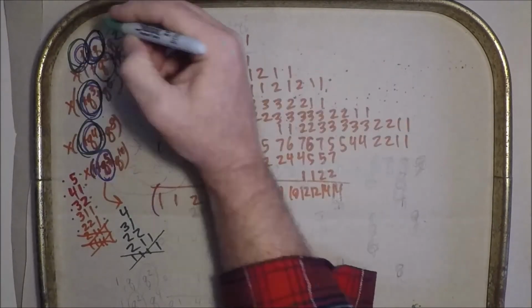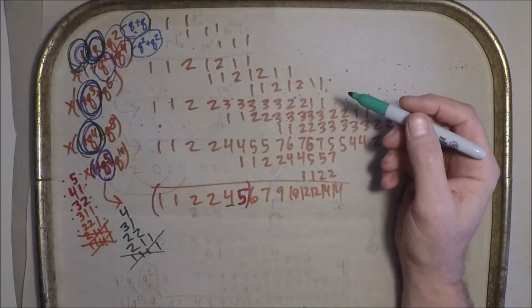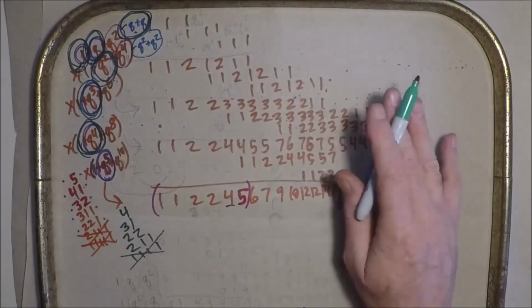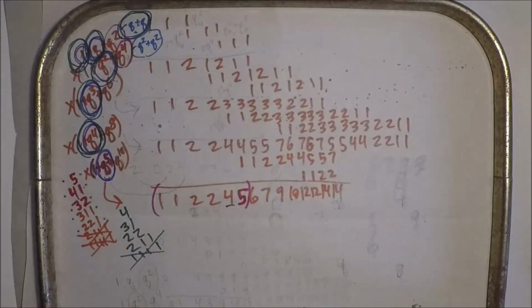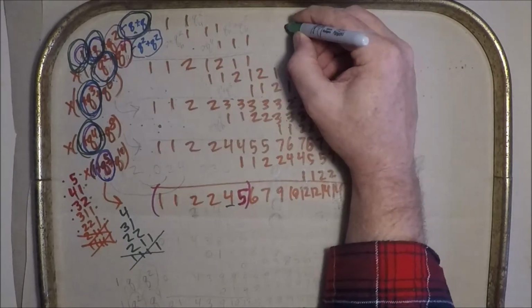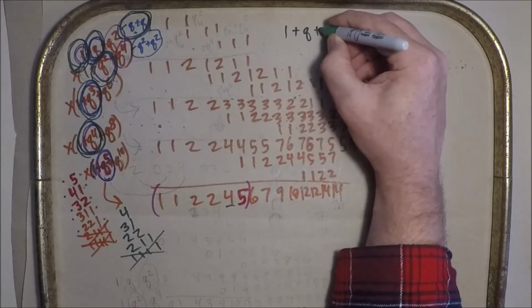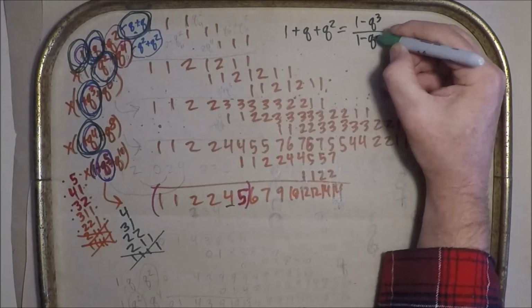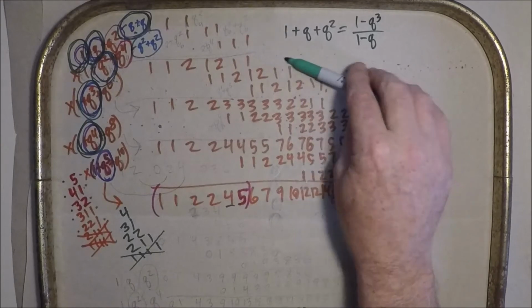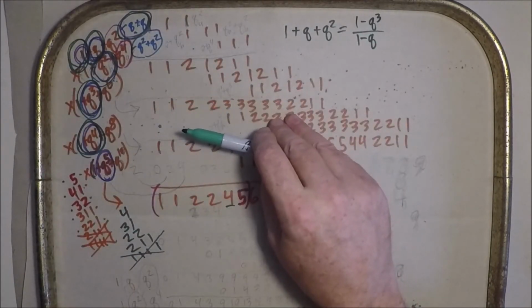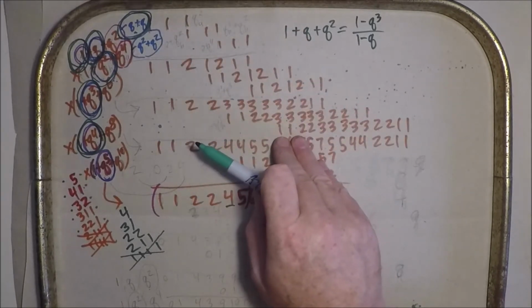It went sideways. Anyway, it's as simple as what I've just said, and picking up from there, now we're going to work back to just one distinct part. With our expression of 1 plus q squared equals 1 minus q cubed over 1 minus q, we're getting partitions with no more than 2 repeated parts.